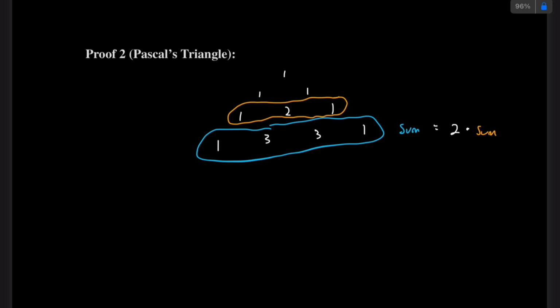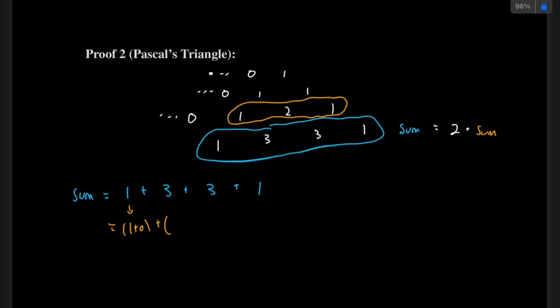Why should this be true? Well, what is this sum? So this sum is equal to 1 plus 3 plus 3 plus 1. But where do these numbers really come from? Well, okay, this 1 here came from 1 plus 0. This is just summing the two things above it. Remember, in Pascal's triangle, everything else here is just zeros everywhere else, right? So this 1 came from 1 plus 0.